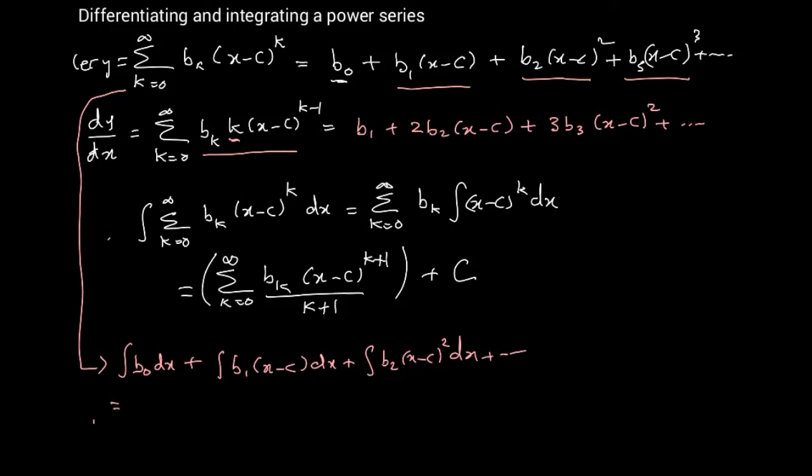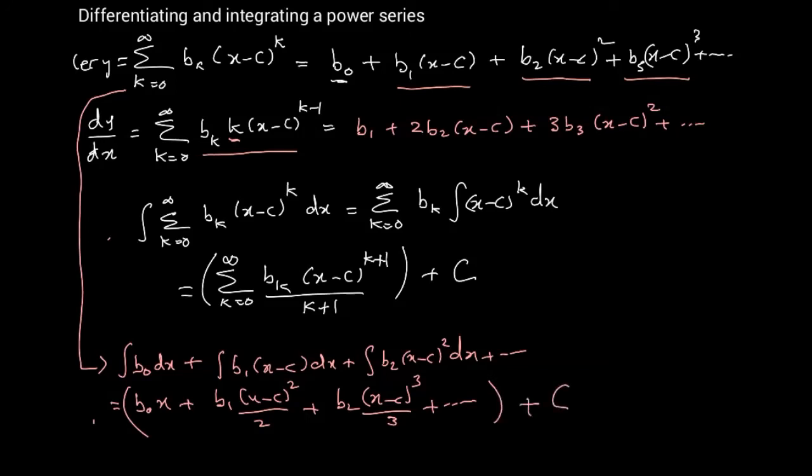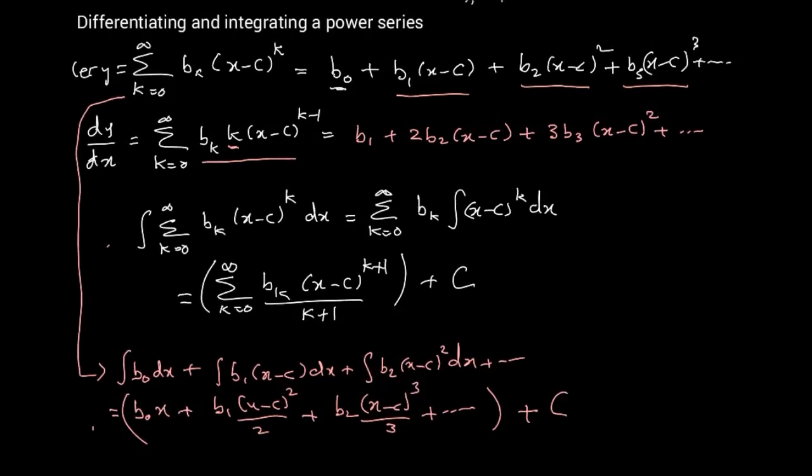If we quickly look at this, that's going to give me b0x plus b1 (x minus c) squared over 2 plus b2 (x minus c) cubed over 3, and so on and so forth. Of course all of this I'm going to put in brackets, so we know we're talking about an infinite series, and then we have a c at the end of it. Well, we can't get to an end of it, but anyway.